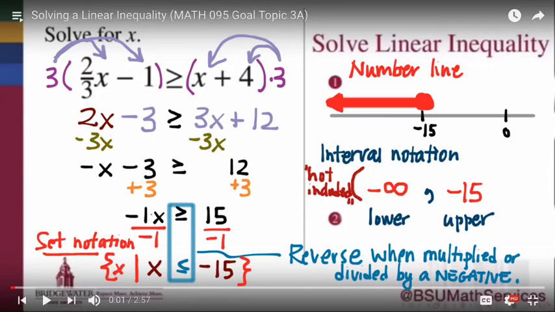Where we don't write not included, we just write the parenthesis. But negative 15 we decided was included, and so we'll use a different notation for that. For that we'll use a square bracket, for is included. And so the interval notation for this answer would be negative infinity with a round bracket, comma, negative 15 with a square bracket.